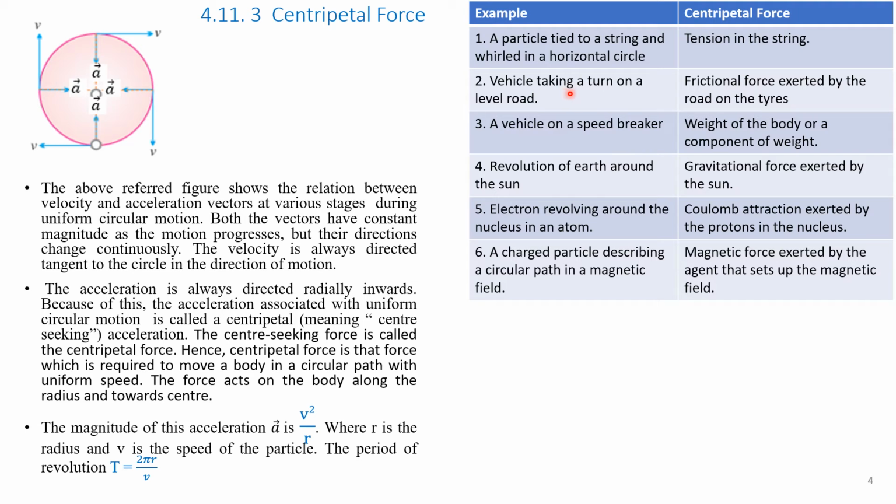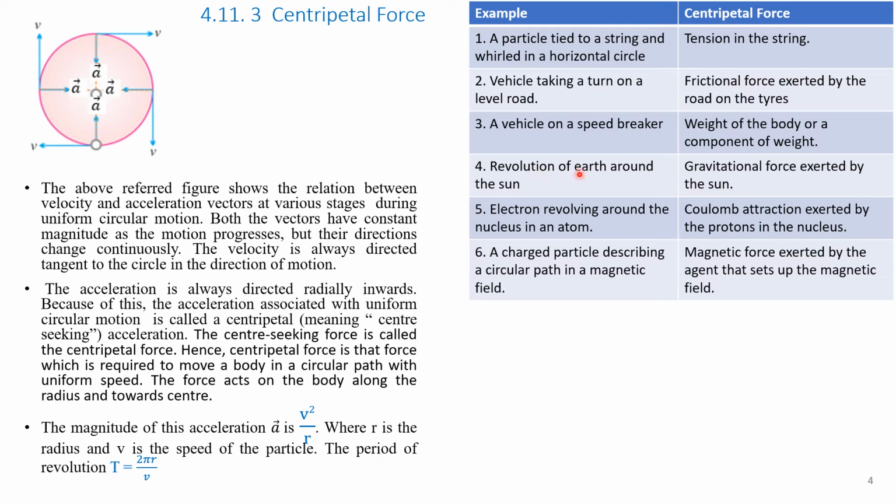A vehicle taking a turn on a level road experiences a centripetal force due to friction exerted by the road on the tire. A vehicle on a speed breaker experiences the centripetal force due to the weight of the body or a component of the weight.